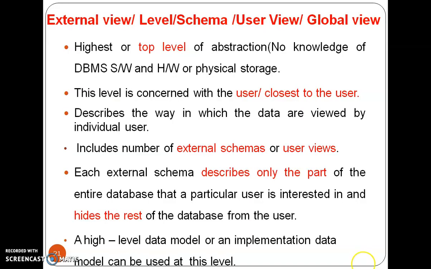So here is all about the external view. It's the high level or top level of abstraction, and this level is concerned with the user. It describes in which way the data are viewed by the individual user. It includes a number of user views, and each external schema describes only the part of the entire database that the particular user is interested in, and the rest is hidden from the user.